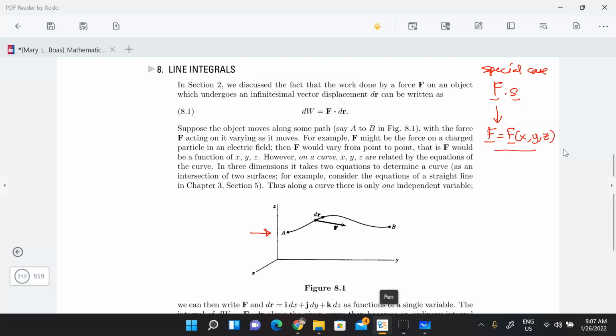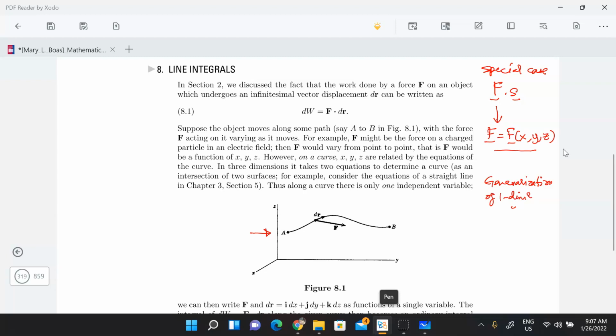So one of the things that one should remember is that it's just a kind of a generalization of your one-dimensional integral.